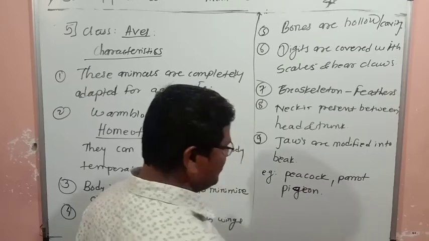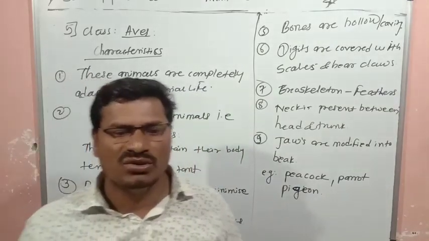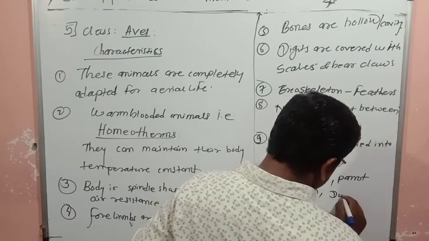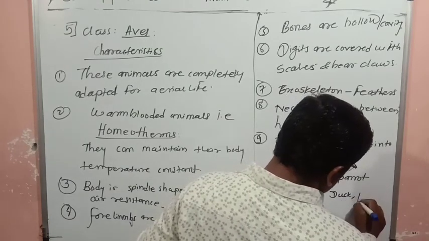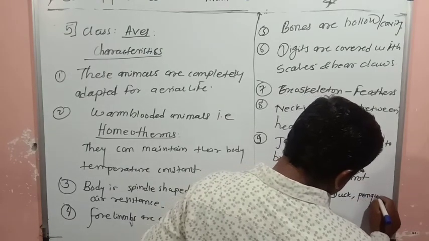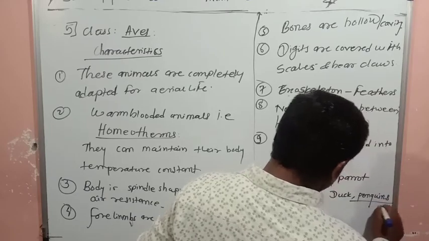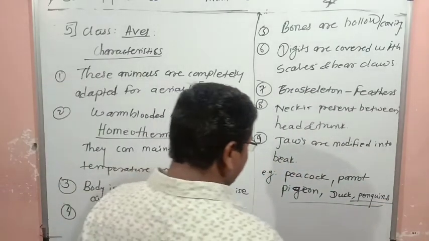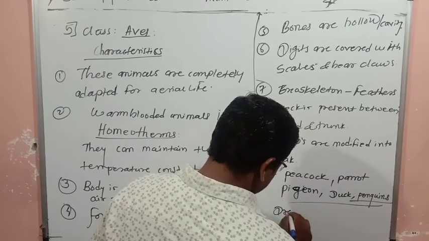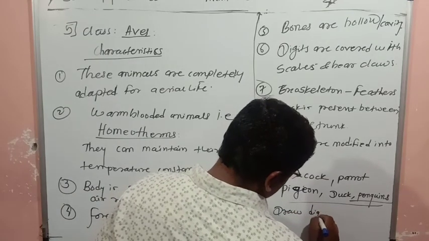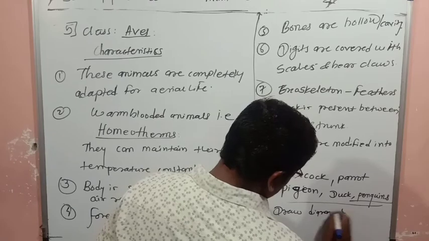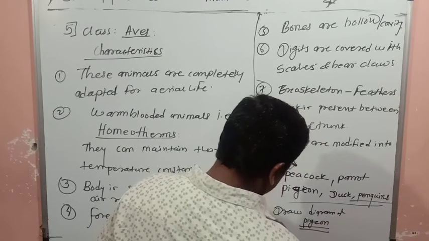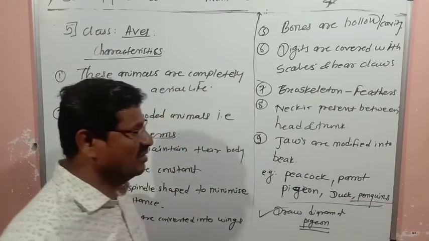So these are the examples. Sparrow, penguin, duck. These are the examples of Aves. And you have to draw the diagram of pigeon from the textbook.